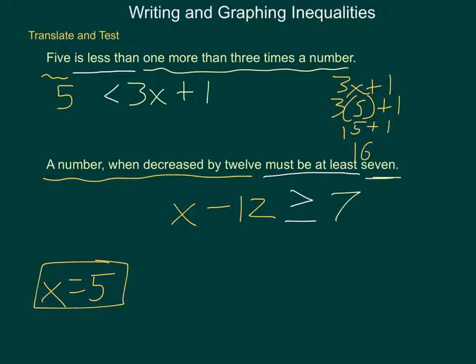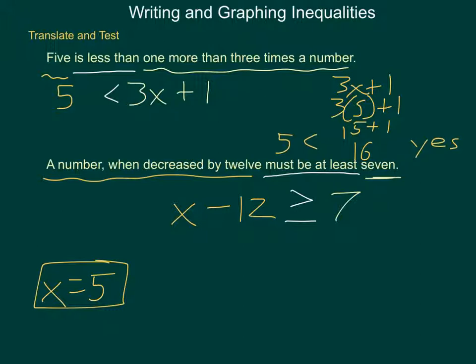So is 16 greater than 5, which was the other half of our inequality here? So the answer is yes. So in this case, 5 is a solution to this inequality. Is it the only solution? No. Anything that makes this true will work.